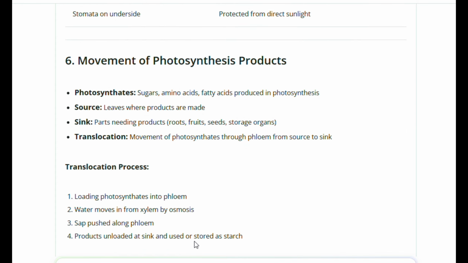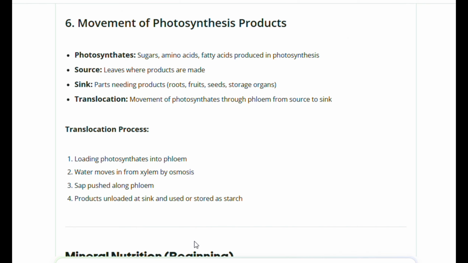Then the movement of photosynthesis products. We did the photosynthesis process, and we saw the products of photosynthesis.